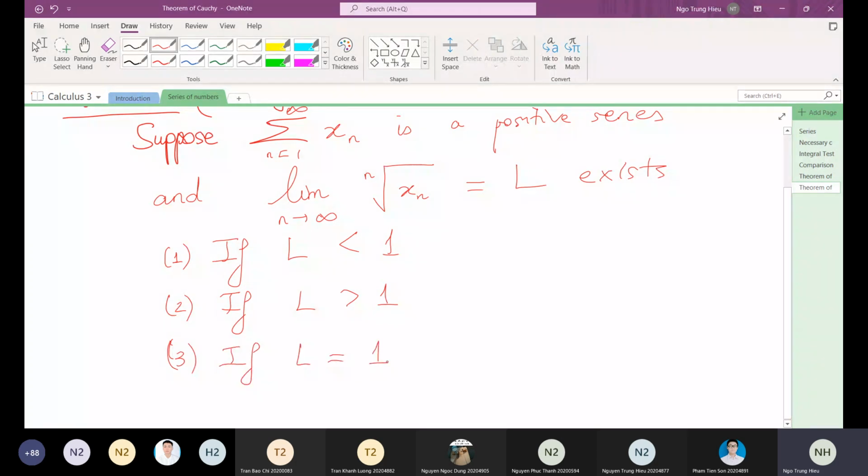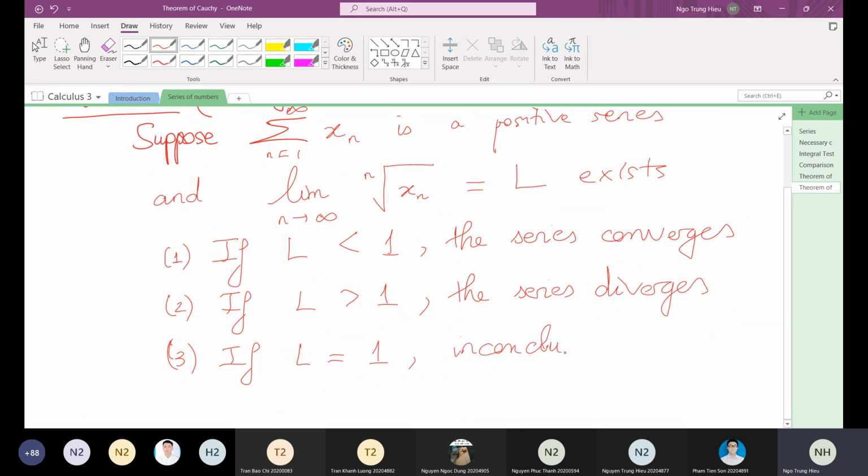In the first case, the same as before, we say that the series converges. In the second case, the series diverges. And in the third case, we cannot say anything. We have to use another method.